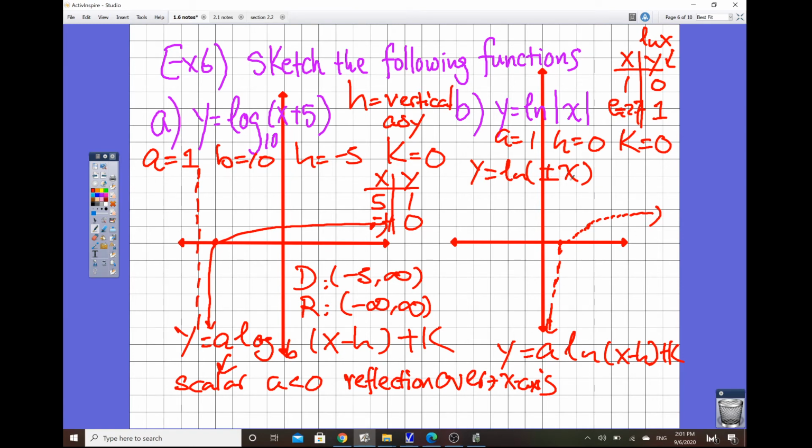But for the negative, if you see the negative sign right next to the variable, anytime you see something like this, that means there's a reflection over the y-axis. So besides the positive here, we do have another one, the negative. So that means the other part of the graph is going to be like this.